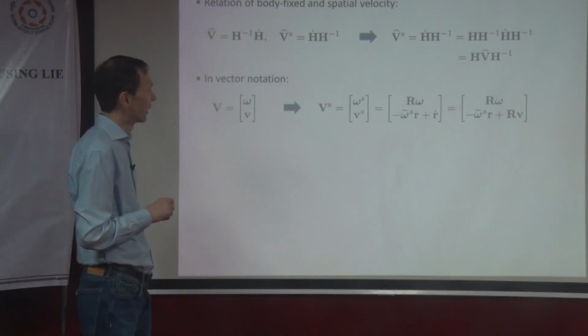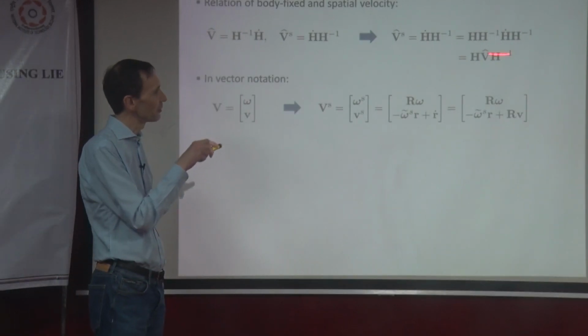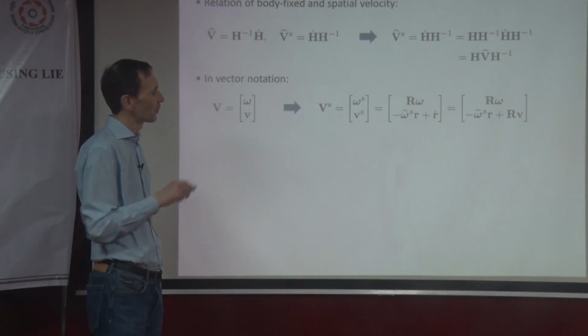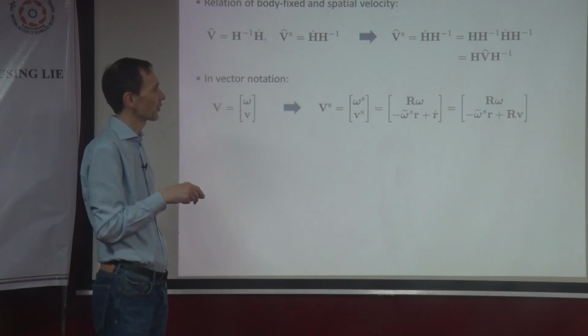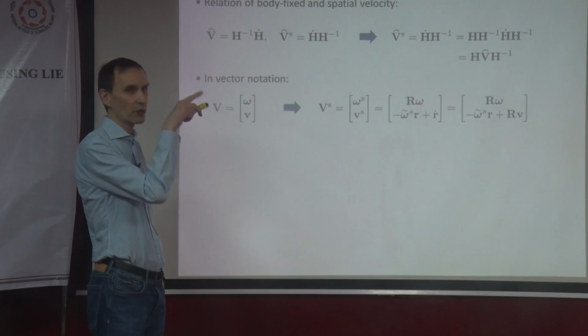And if you sit down and do the math, because we know exactly how H looks like, H is this rotation matrix and translation vector, and V is this omega tilde and so on.